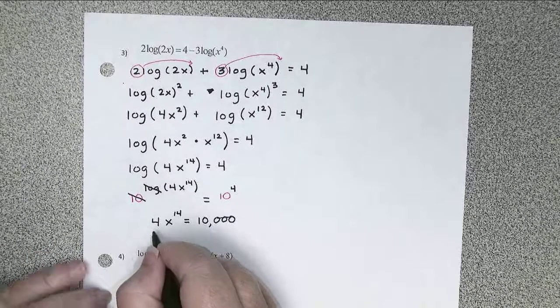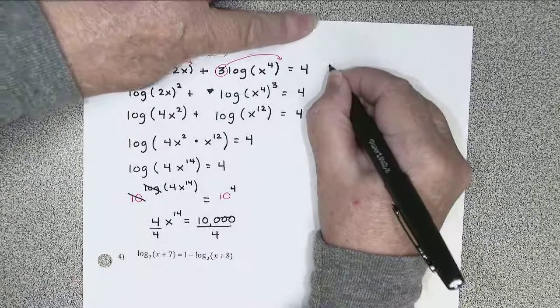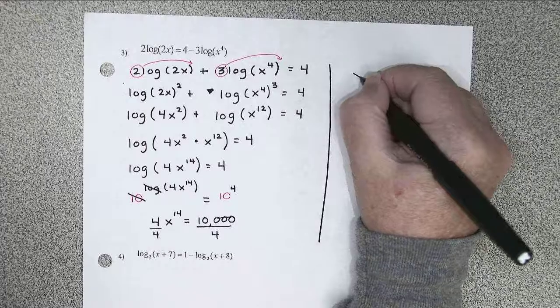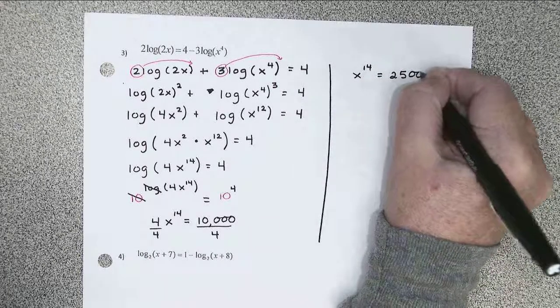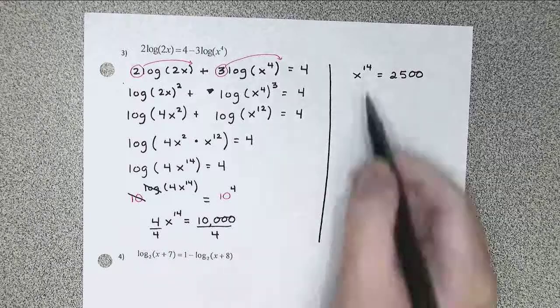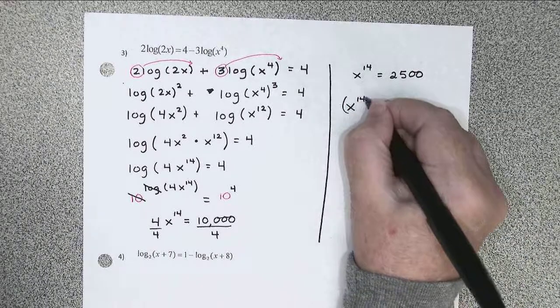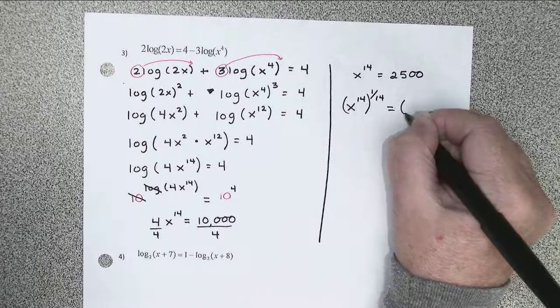All right, we're getting there. Let's divide both sides by 4. That's going to give me x to the 14th equals 2,500. And I want to get rid of that exponent of 14, so I'll raise both sides to the 1/14th power.